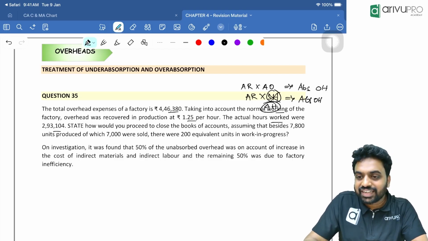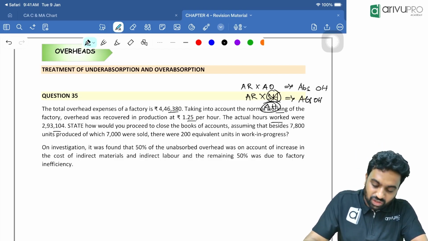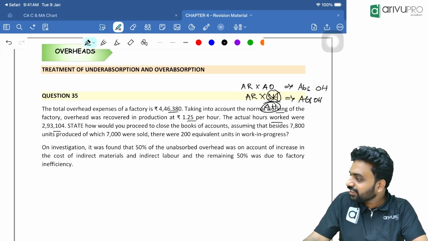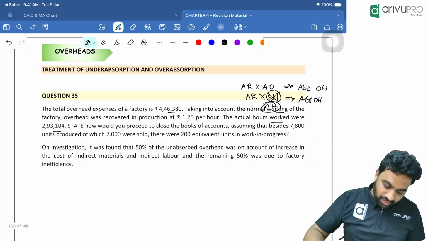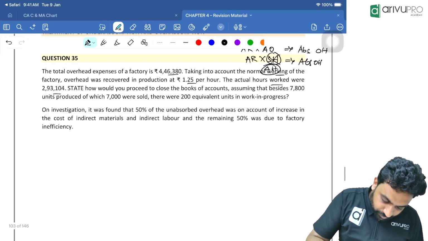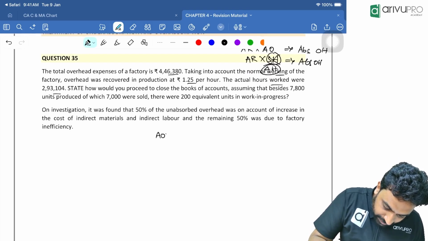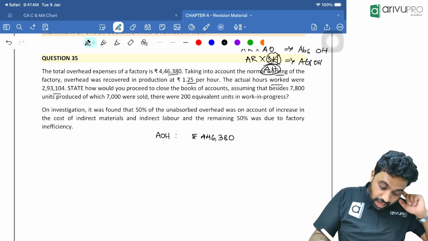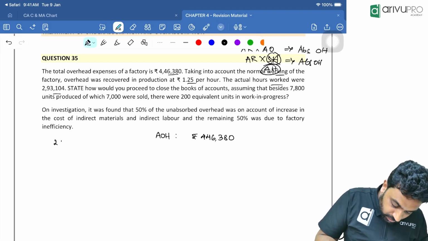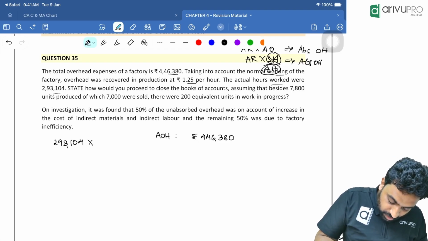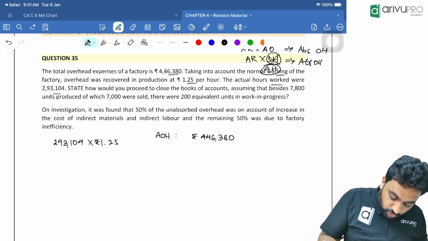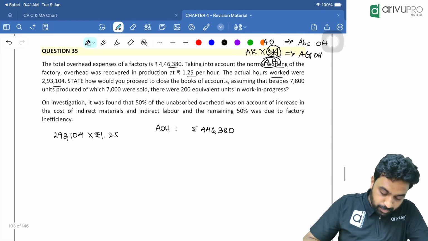More about that standard hours thing we are going to discuss in standard costing. Stay tuned. For the time being, think of it as actual hours. Now guys, how much is the actual overhead? 4,46,380. How much is the absorbed overhead? 293 hours, 104 hours we worked, and we should absorb 1.25 per hour. How much are we going to absorb?